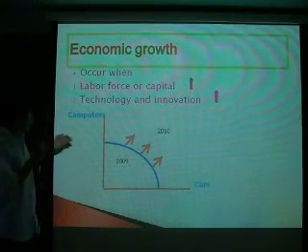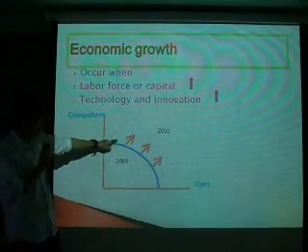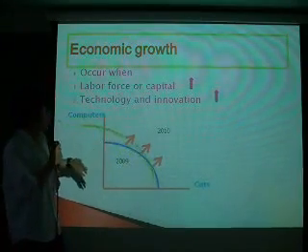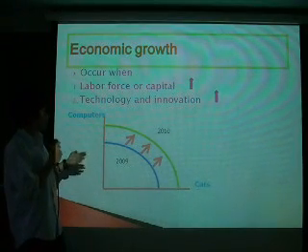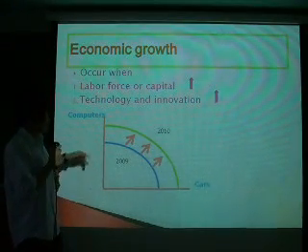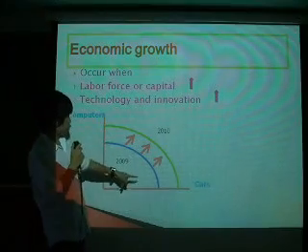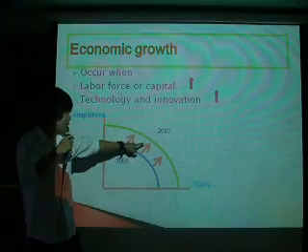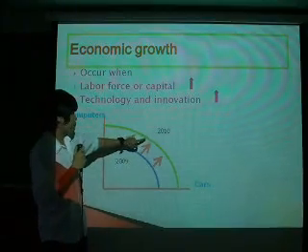From this point, the 2009 PPF is right here. But the next year, when we have labor force or capital increase and also technology and innovation increase, the PPF shifts to the right in 2010. So this can be called the point G from the previous slide.